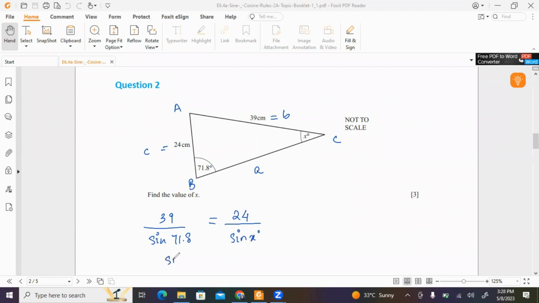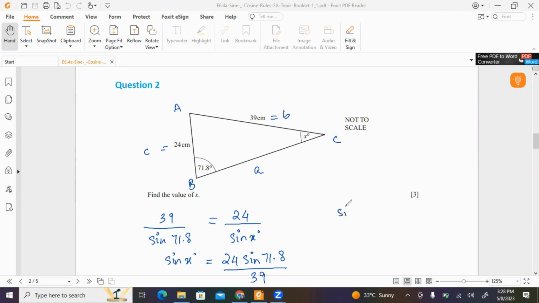Cross multiply: sine of x equals 24 times sine 71.8 divided by 39. Plug the values into the calculator: 24 sine 71.8 divided by 39.